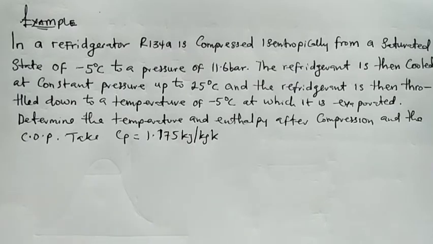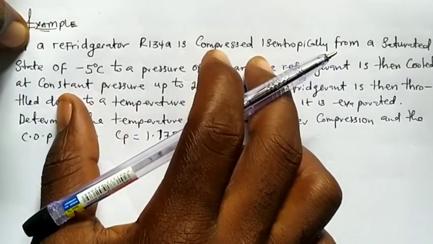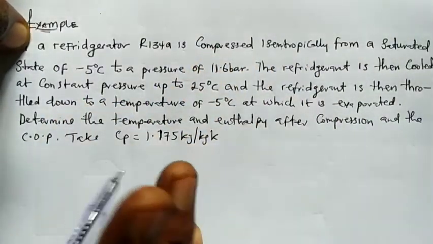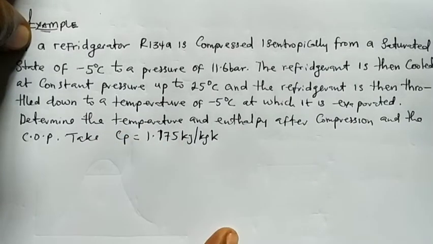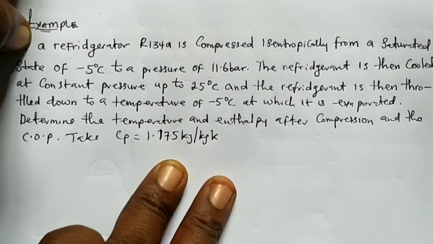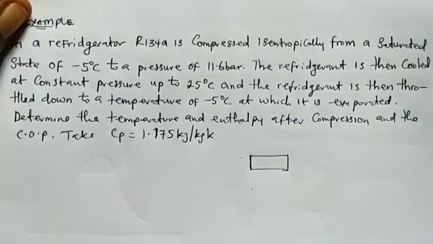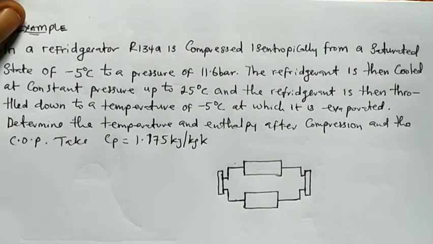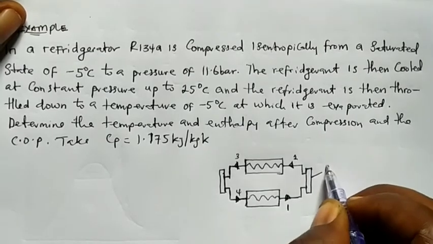Now, I would like to take you down memory lane to remind you about some things. Now, this is a vapor compression system. In a vapor compression system, we have 4 components, which are the compressor, the condenser, the expander, and what? The evaporator, right? Which is this. Now, this is the compressor.